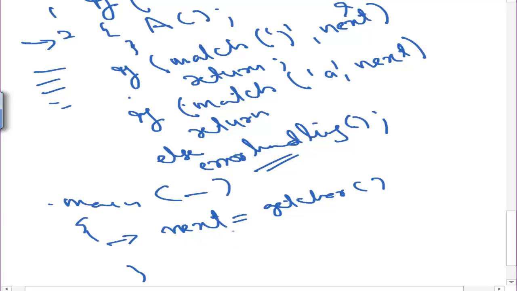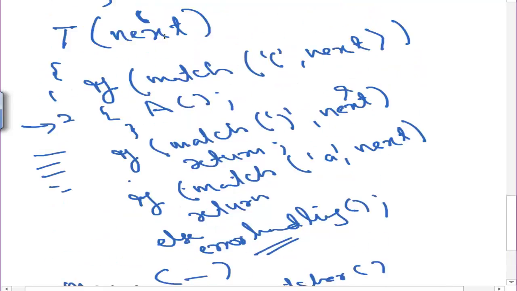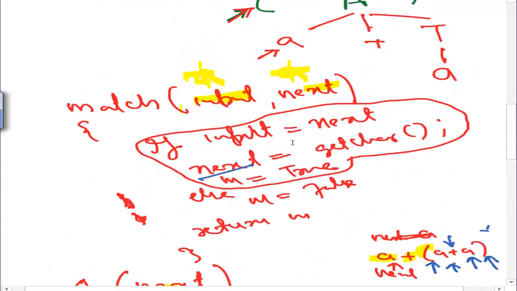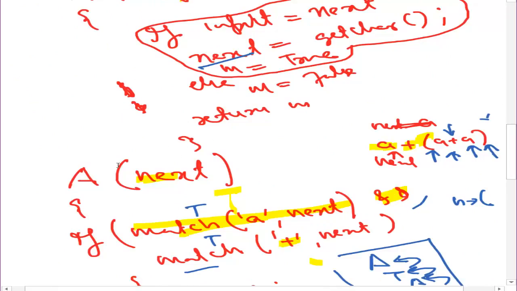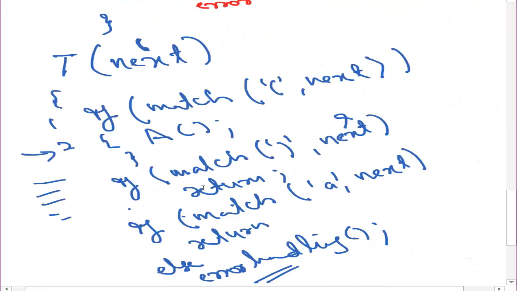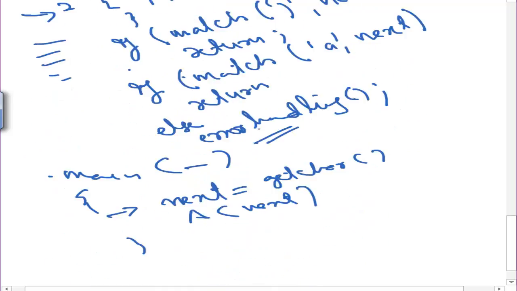And the first job after that will be to call the A method, right, and pass the next to it. So we call the A. If you see here, you call the A and you are sending it the next. Whenever you call the A, you have to send the next to it, and here also I'm calling the A, so at that moment you have to send the next to it, which I forgot.